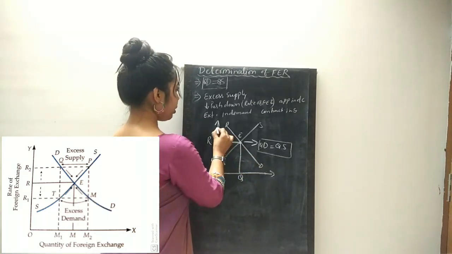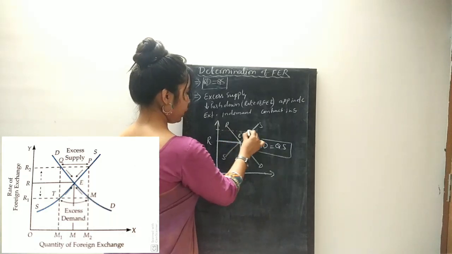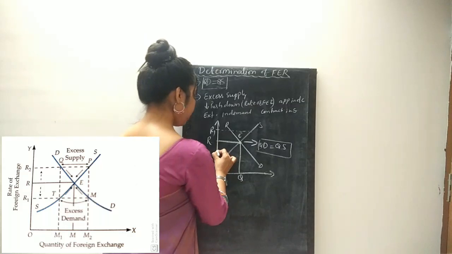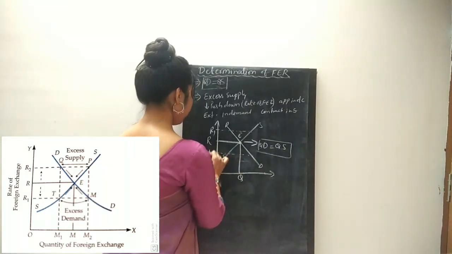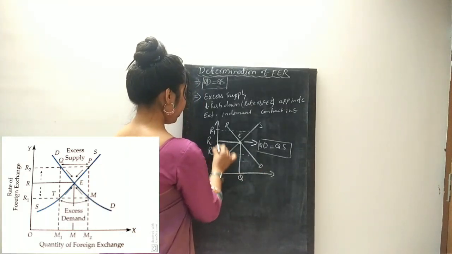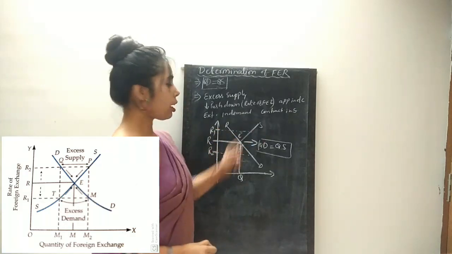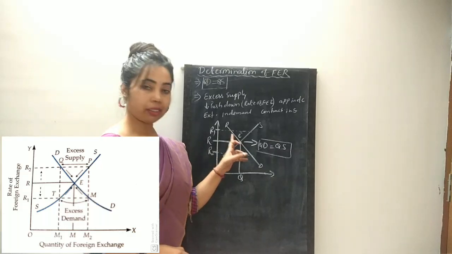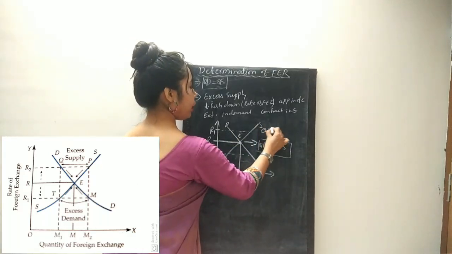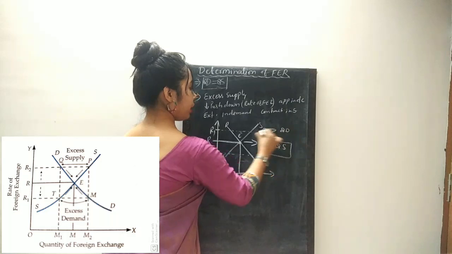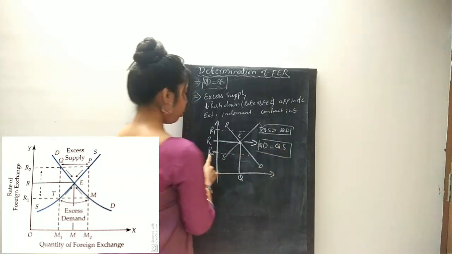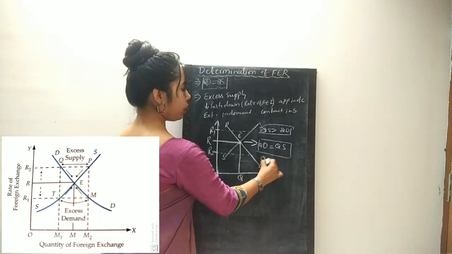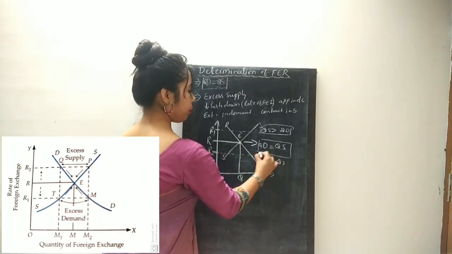But what happens at other points? When the rate is high, the supply curve is more than the demand curve; quantity supplied is more than quantity demanded. And when the rate is lower, quantity demanded is more than quantity supplied.